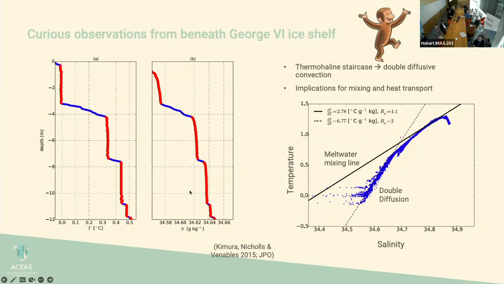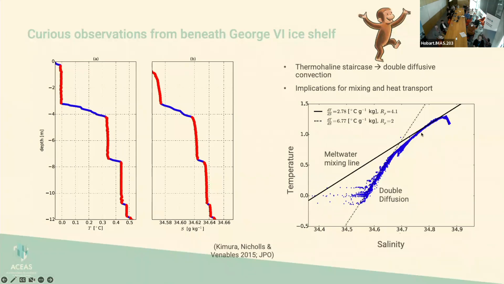So this is a bit upsetting because this relates to an earlier slide that I removed. So we might skip it. But just briefly to say, in the presence of more energetic and more classic turbulent mixing, we might expect temperature and salinity properties to evolve along this particular line under an ice shelf.